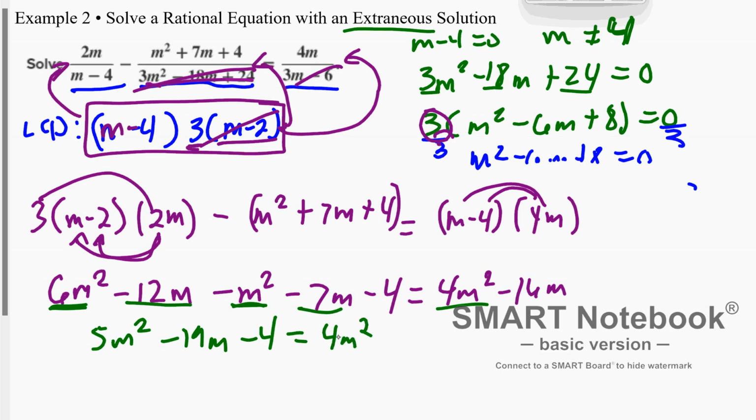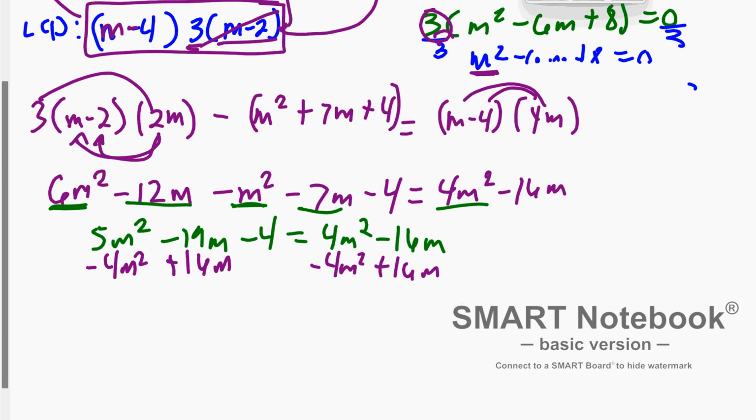So I need to move over this 4m squared, and I need to move over this 16m because I have a quadratic, right? A squared. So if I add 16m to both sides, and then subtract 4m squared. And remember, when you factor, which we'll go ahead and do, you always divide by your a, but here I had an m squared, so my a is 1, that's why I didn't divide my factors by anything.